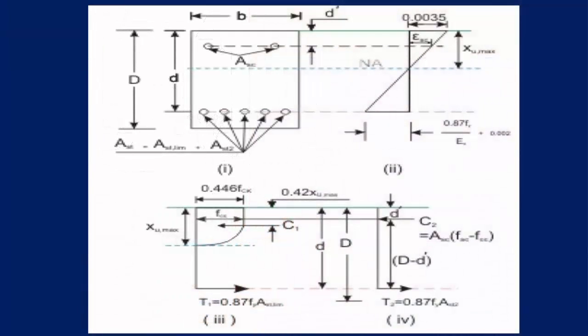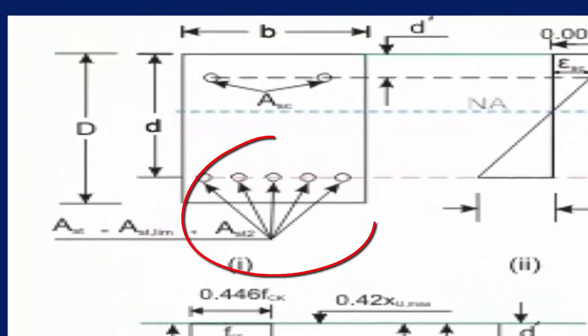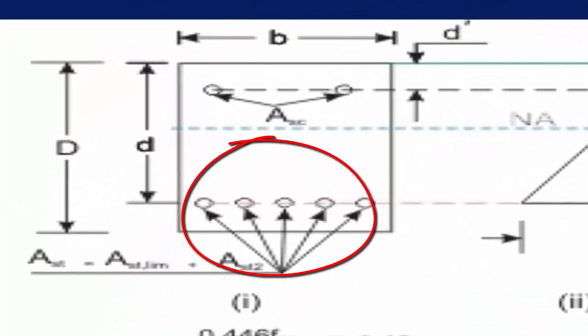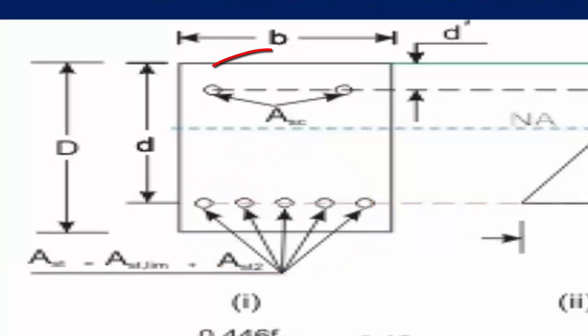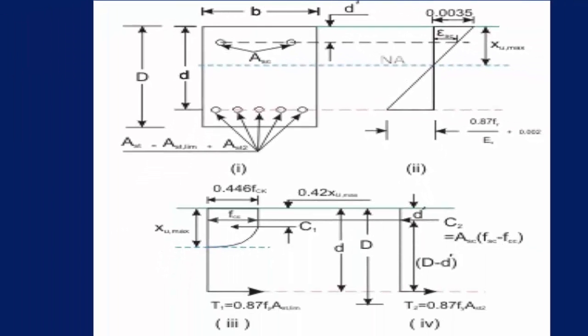Just see in your diagram. This is your doubly reinforced section. Below, in the tension zone, five reinforcing bars are provided. In the upper part, two compression steel bars are provided. Then this is the strain diagram. Epsilon sc is the strain at the level of the compression steel, and the compression zone of the concrete is also to be found.